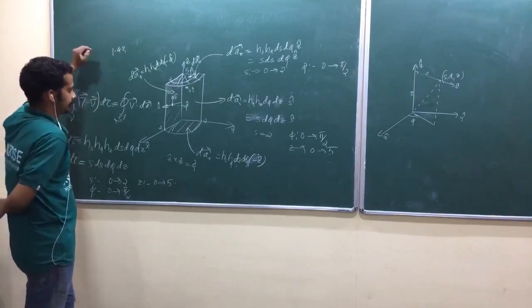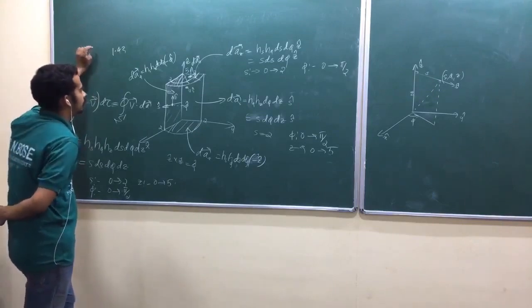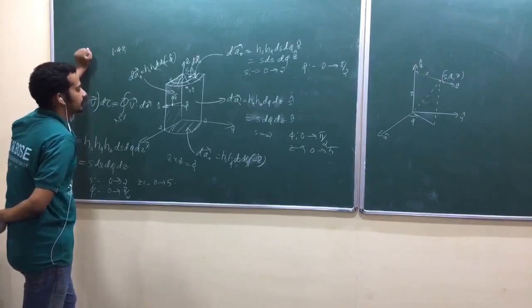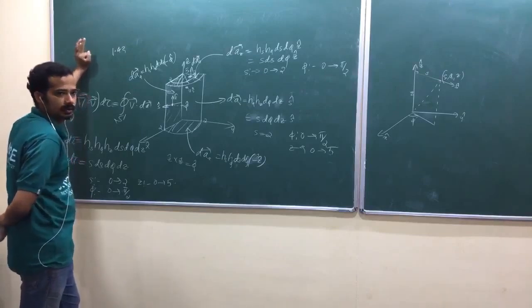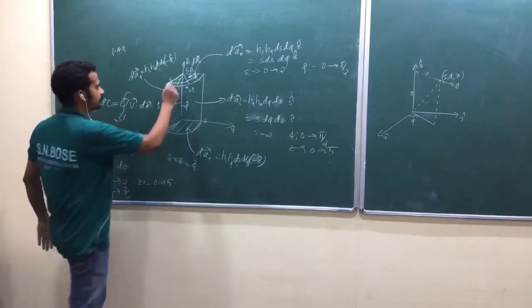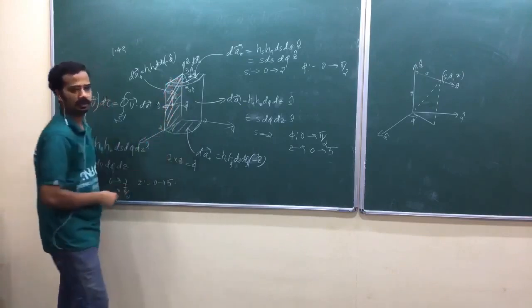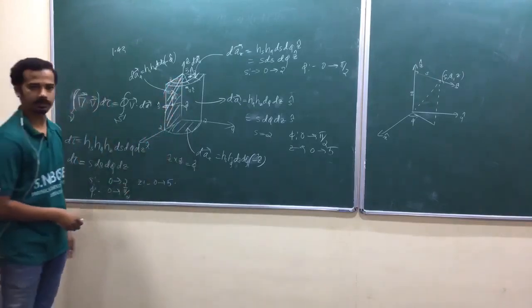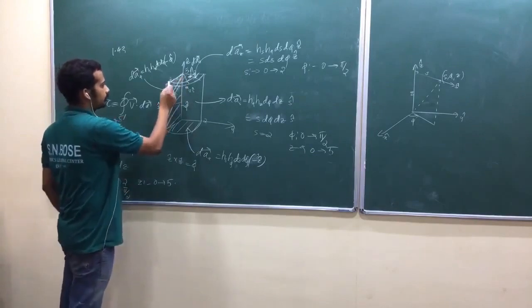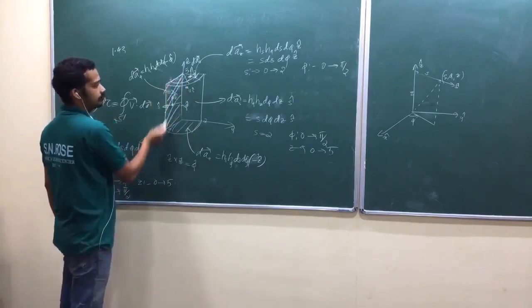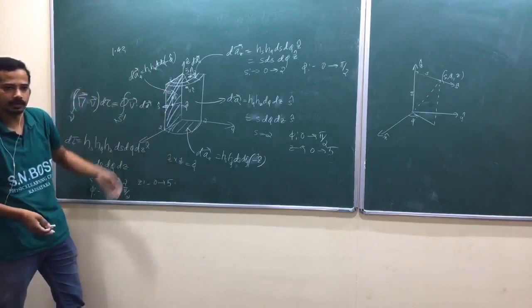Wait a second. S will run from 0 to 2. Z will run from 0 to 5. That will sweep this surface area. Am I right? Are you getting my point? S will run from 0 to 2. Z will run from 0 to 5. That will sweep that surface area.